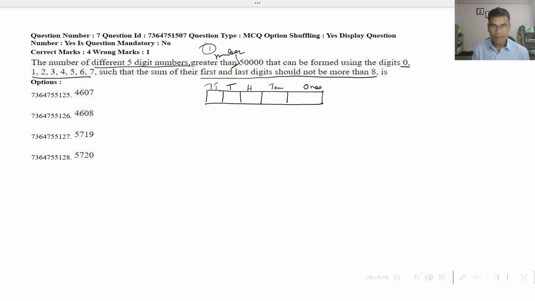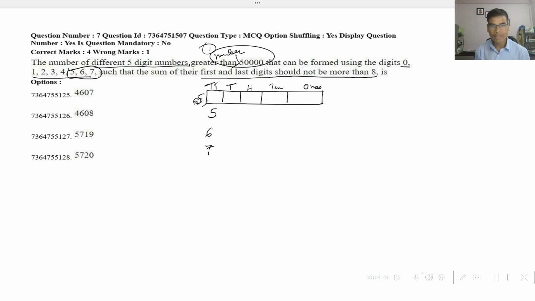Since the first condition says that the number should be greater than 50,000, for any number to be greater than 50,000, your 10,000 digit should be 5 or more. So if you are using the given digits, the only digits that can take this position are 5, 6 or 7.